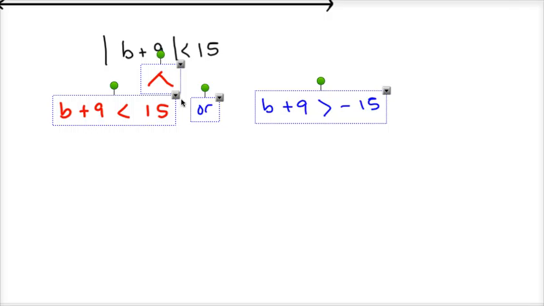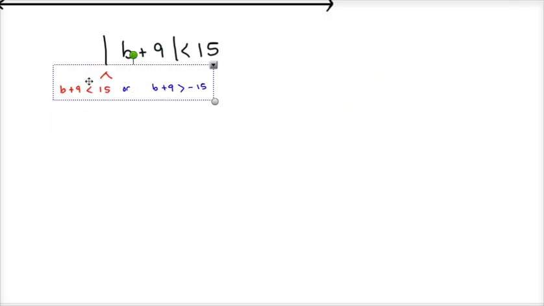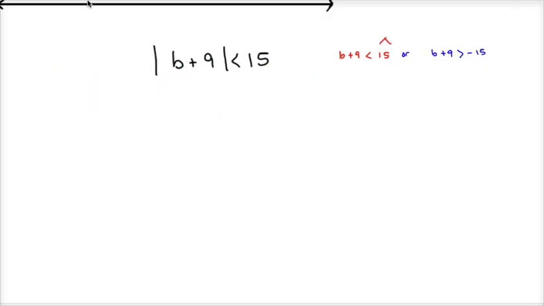That's one strategy. Again, I like the 2-for-1 deal here. So I'm going to bring down my b plus 9 and leave my signs facing the same direction. And I'm going to bring down my positive 15 and add a negative 15 in the back.